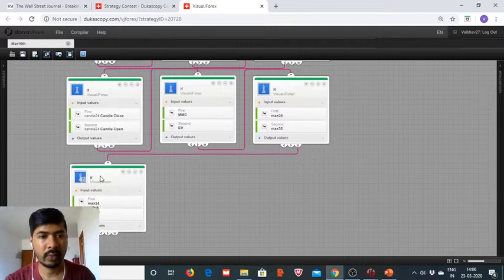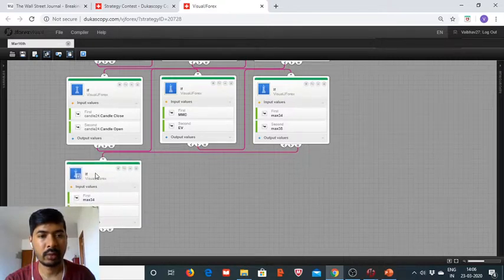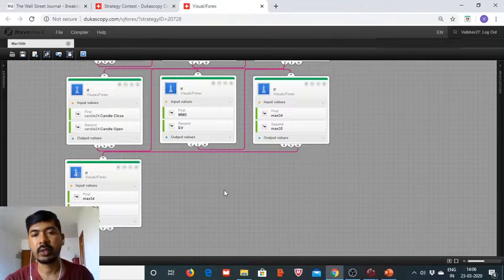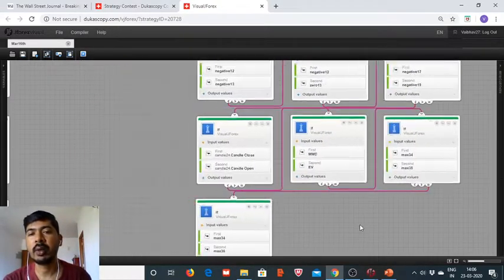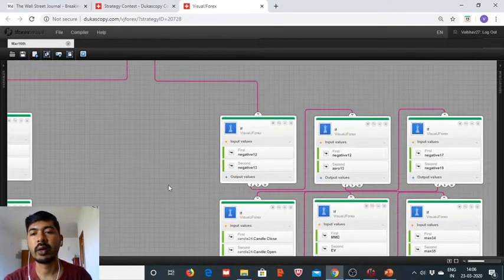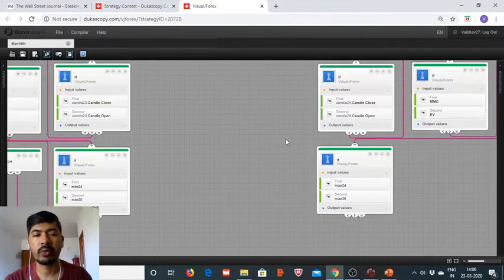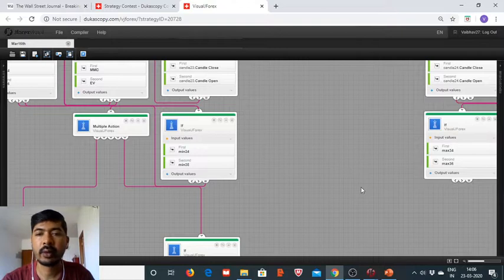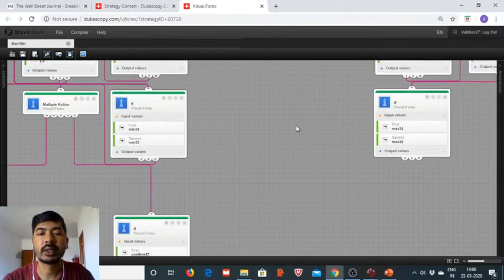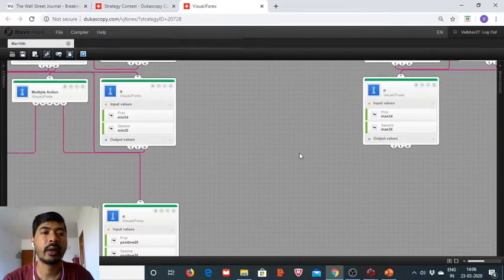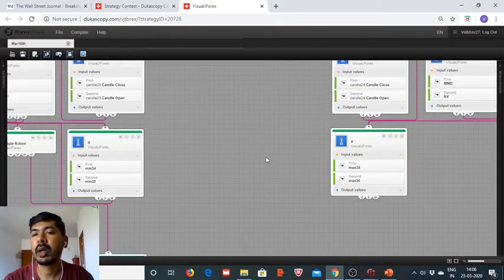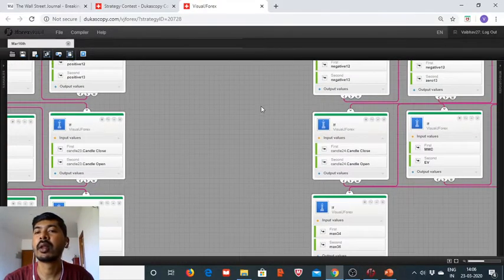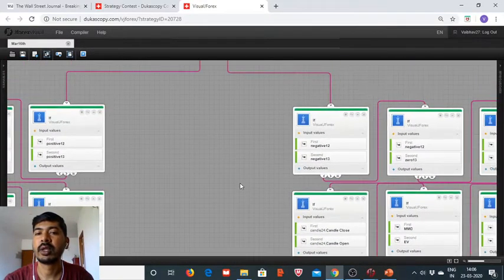So far we have done the necessary adjustment as per our requirements. So we have built this algorithm so far, but now we will need to add the multiple action side, multiple action blocks, and then our algorithm will be almost finished.